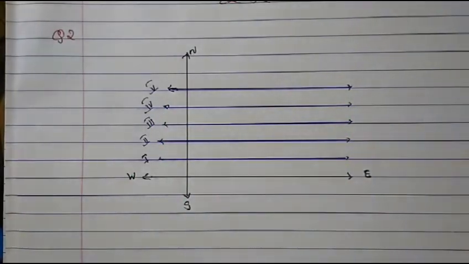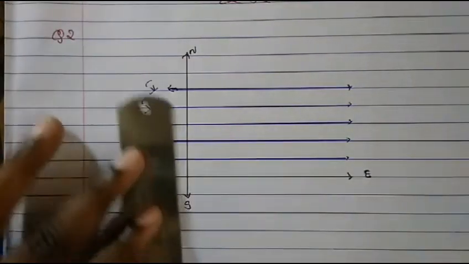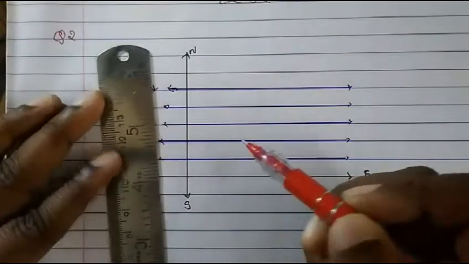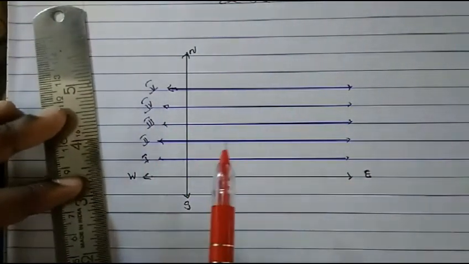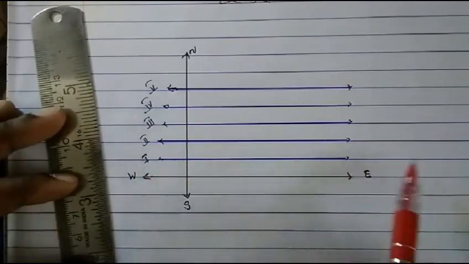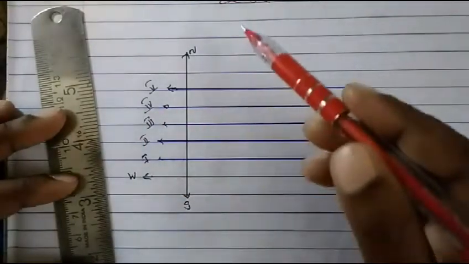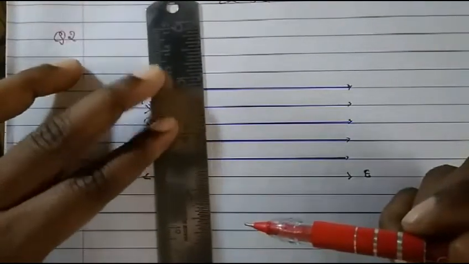So same way, parallel to north-south direction also we have to draw 5 streets. I am using the red color pen so that you can distinguish between the two parallel lines. East-west direction streets are blue color, and then north-south direction I'll draw in red color.